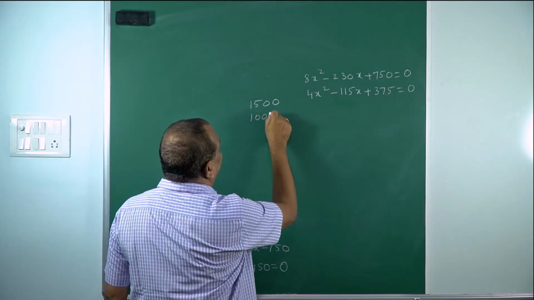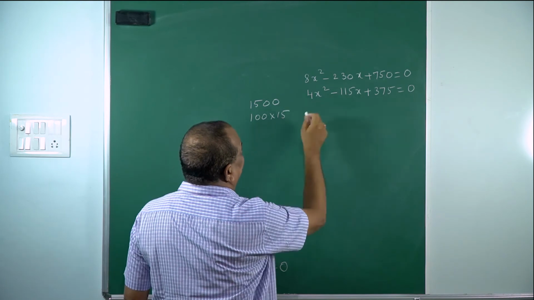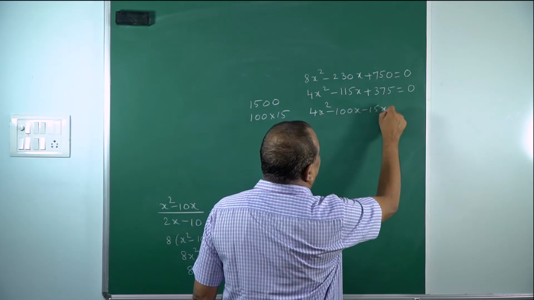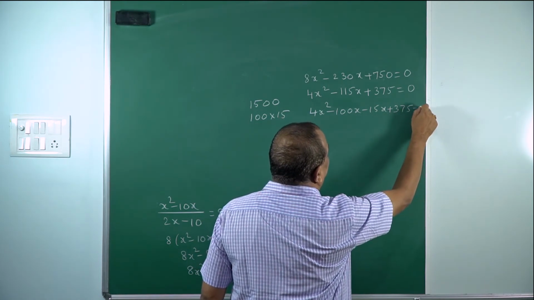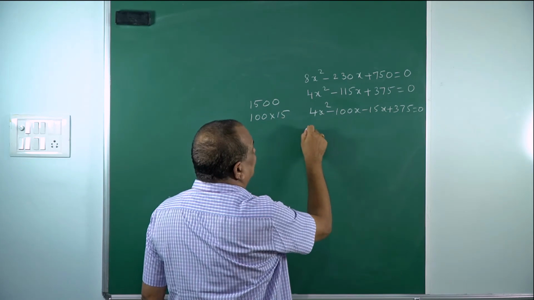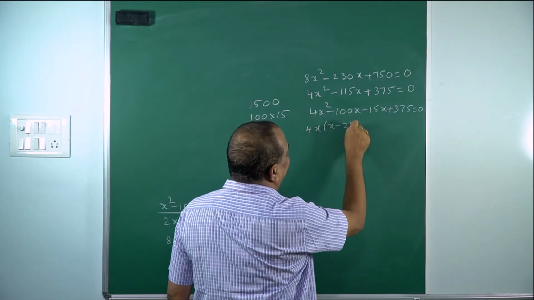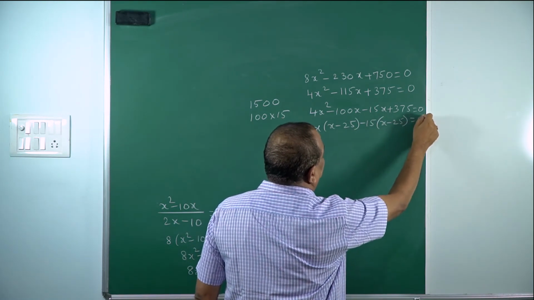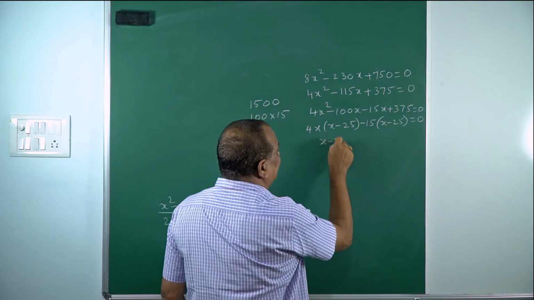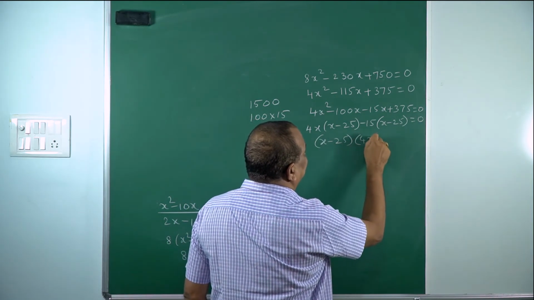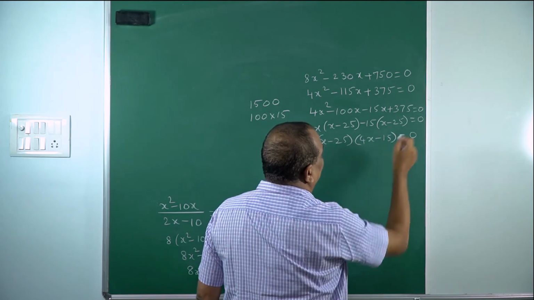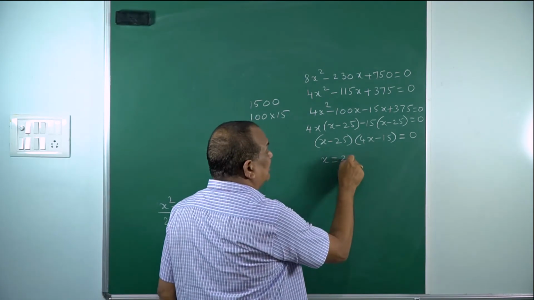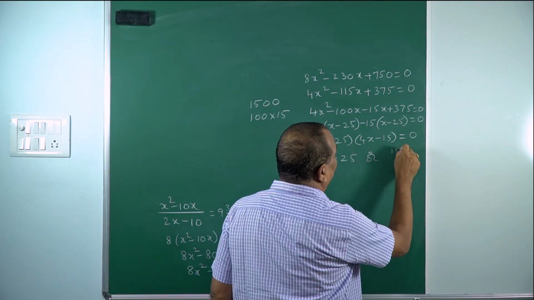Okay, 100 times 15 if I write, because the sum is of course 115. 4x square minus 100x minus 15x plus 375 equals 0, and I can take out 4x as a common factor, leaving behind x minus 25 minus 15 times x minus 25 equals 0. So x minus 25 and 4x minus 15 is equal to 0. So you can get x very easily here. X is equal to 25, or you can say 15 by 4.